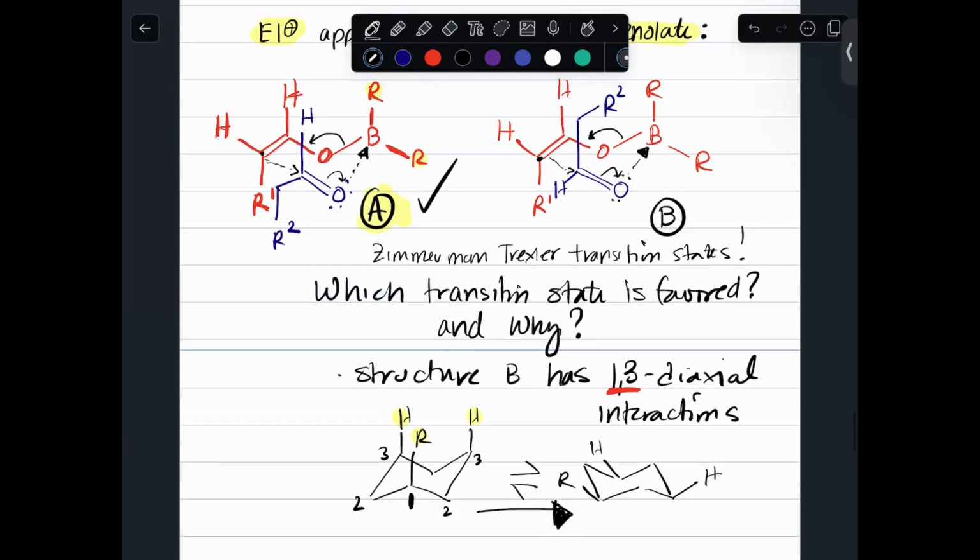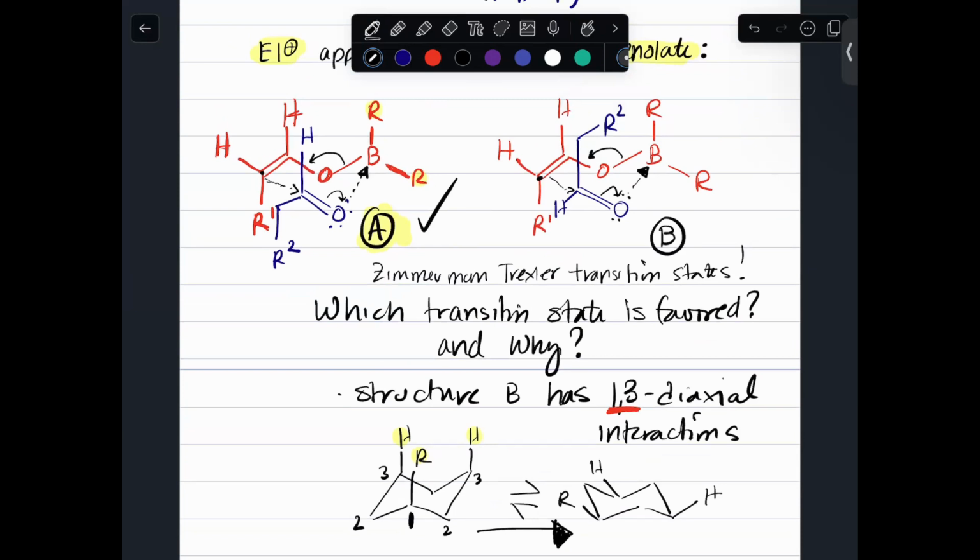And so if we look at our system structure B, we can see that the alkyl group is in the axial position and will therefore cause 1,3 diaxial interactions in the Zimmerman-Traxler transition state. However, if the aldehyde has the hydrogen, the 1,3 diaxial interactions aren't bad.